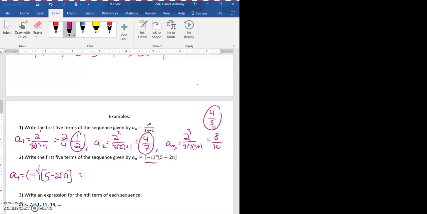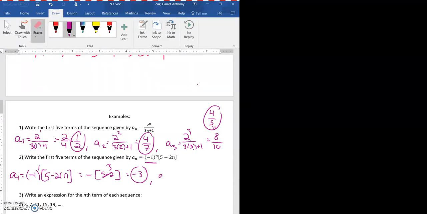Well, -1 to the first is -1. So I've got negative, 5 minus 2, well, that's 3. So my first term would be -3.